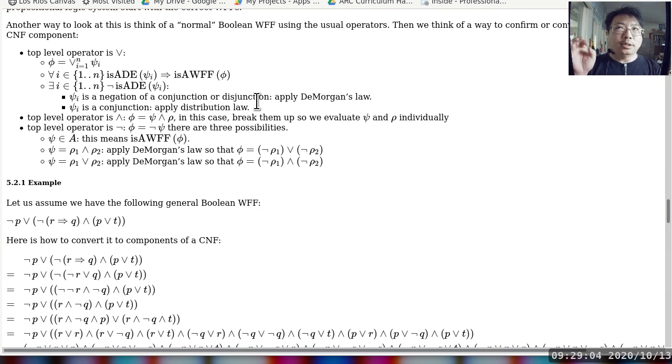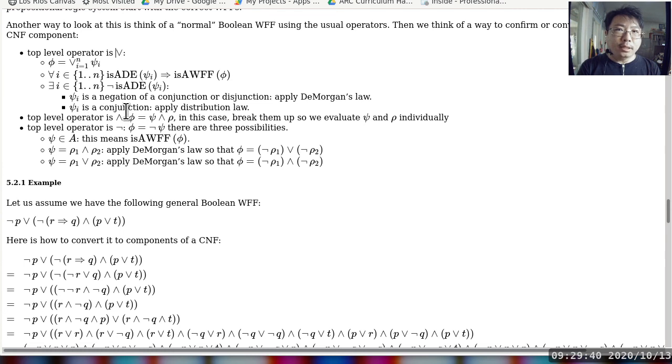Because the negation of an operator is a big no-no in CNF, we want to distribute that negation all the way in so that negations are only applied to elements of alpha. That's why De Morgan's law is really helpful in this case: whenever you see a negation of either a conjunction or a disjunction, use De Morgan's law, because that will distribute the negation to the nested components.